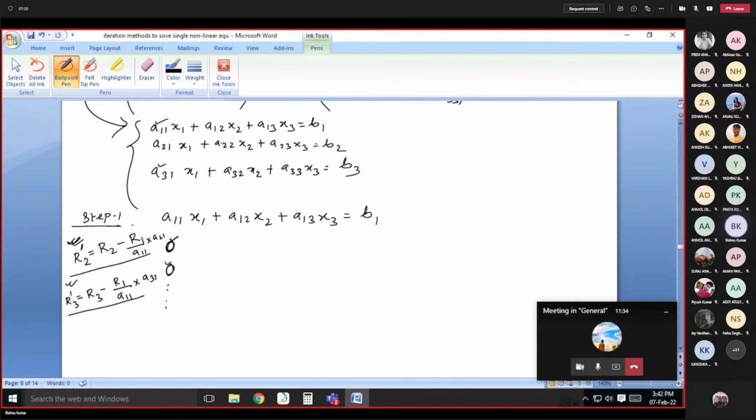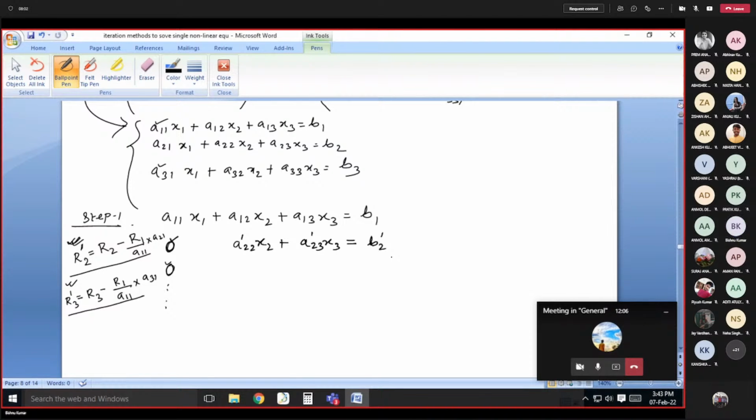After doing that, I will divide A12 by A11, multiply by A21, and subtract from A22. This builds another type of coefficient, renamed A22 dash X2, and also a new coefficient A23 dash X3 equals B2 dash, suppose.